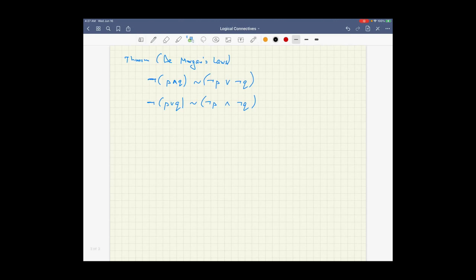Another important property here is the law of contrapositive. The law of contrapositive.